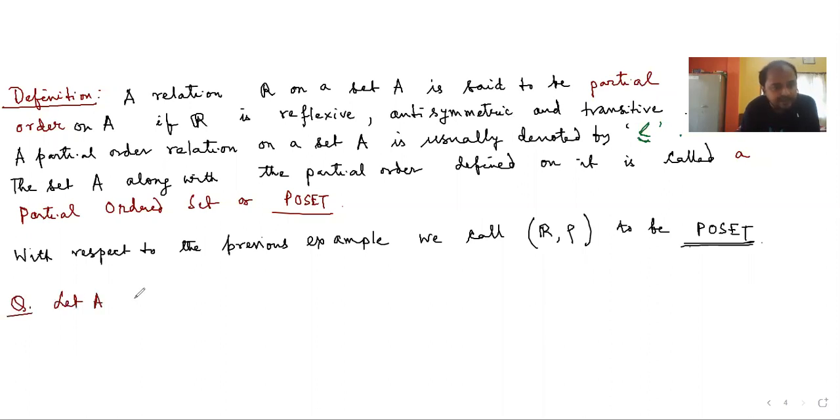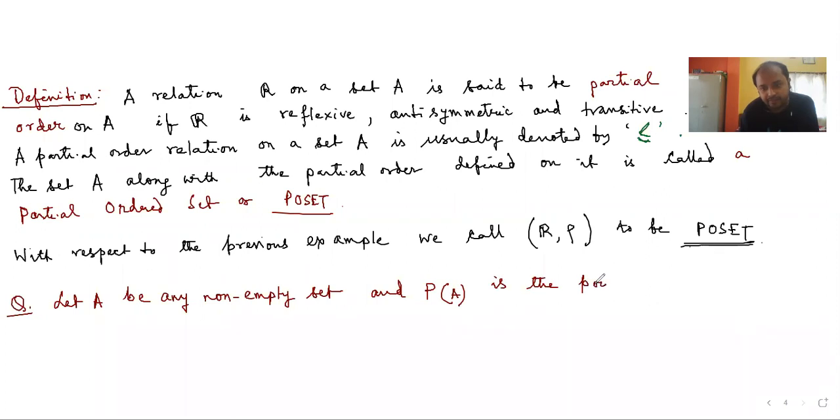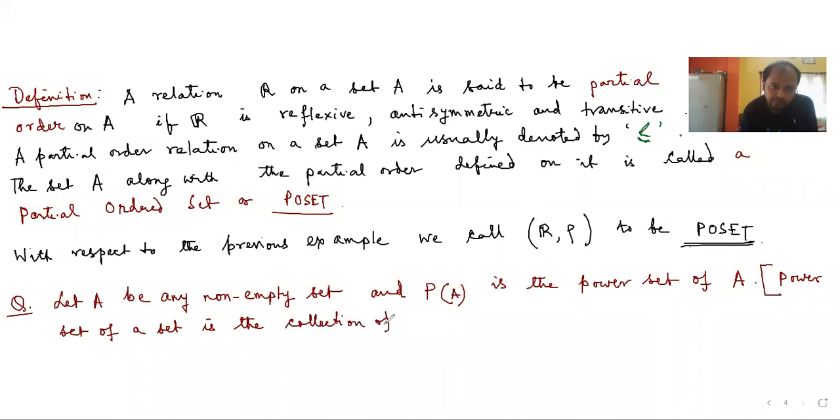Let capital A be any non-empty set, and PA is the power set of A. Power set constitutes all possible subsets of A. Power set of a set is the collection of all possible subsets of the set.